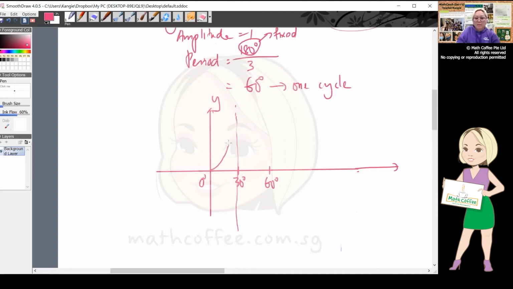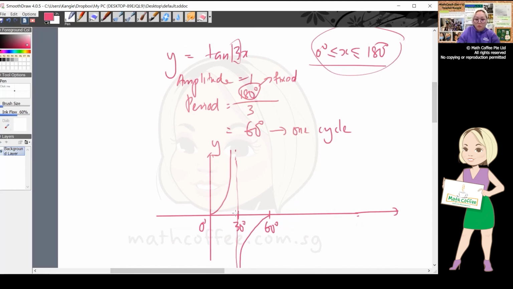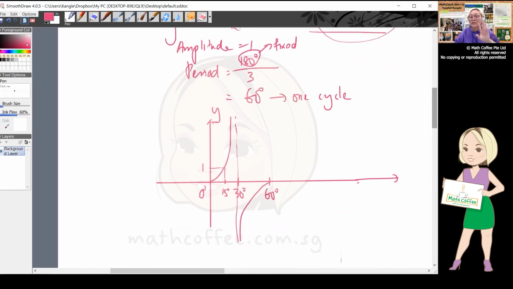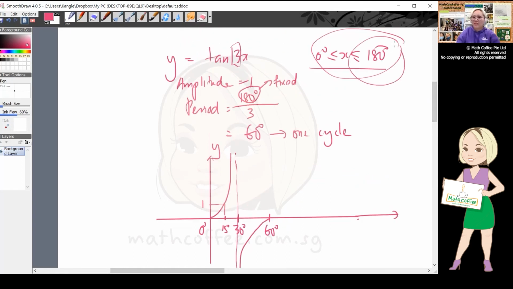Then this one goes up, not touching, close to it. Here, up. This is one cycle. Because the amplitude is 1, always take the first one and divide by 2, which is 15 degree. So this one is 1. I'm done with one cycle, but they want me to draw up to 180. That means I need to draw 3 cycles in total.